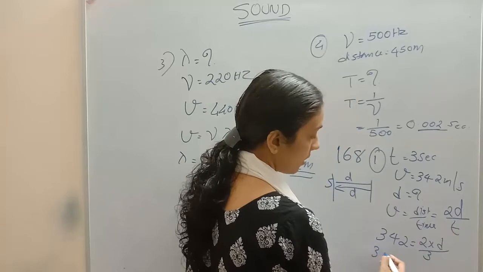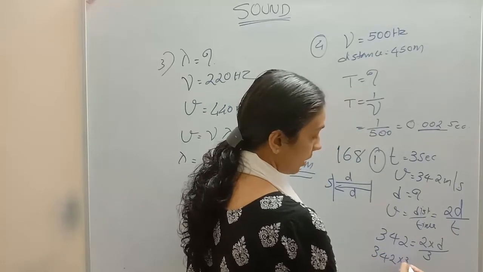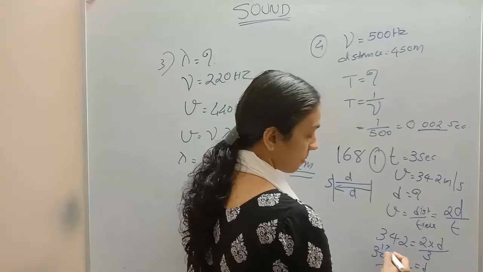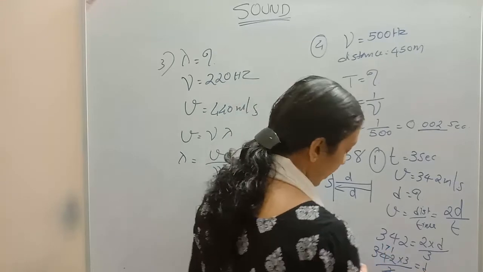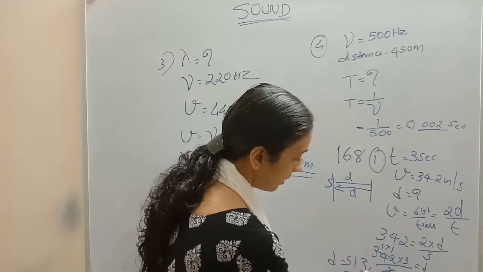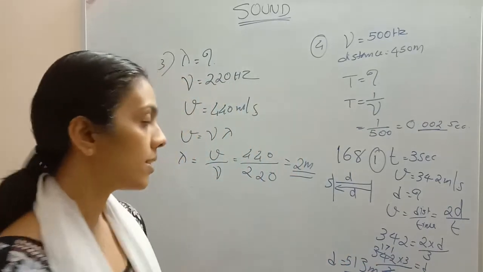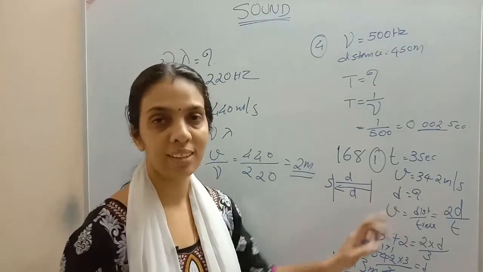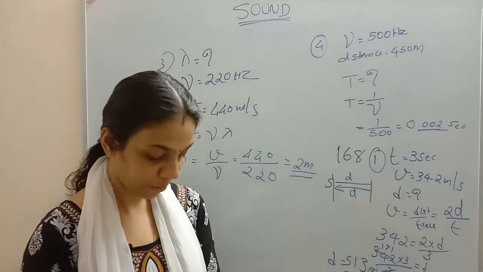So D is 342 into 3 divided by 2, that is 171 into 3, which is equal to 513 meter. So don't forget to put 2D. That is the only thing you should remember over here.